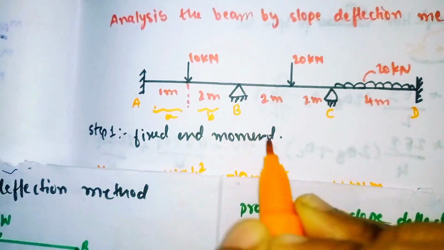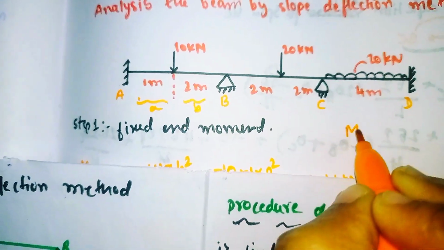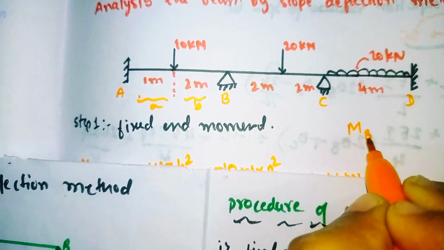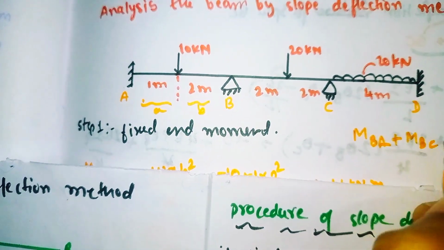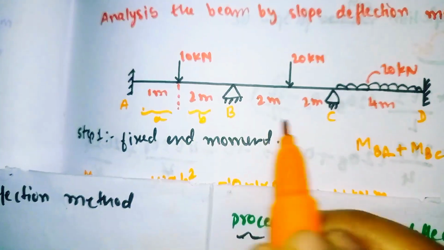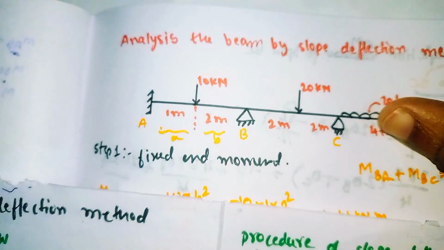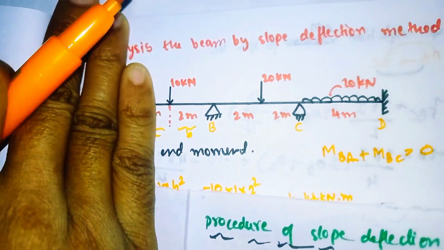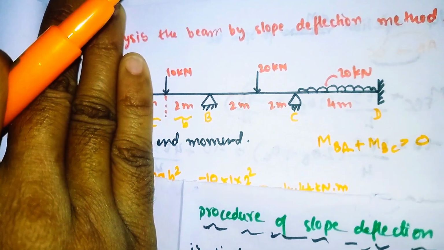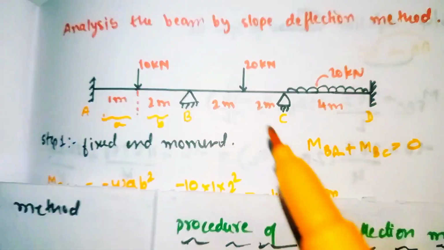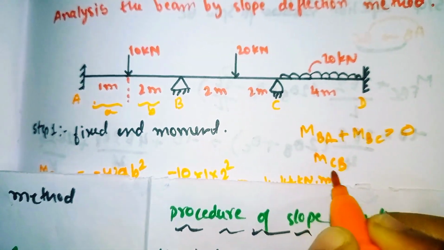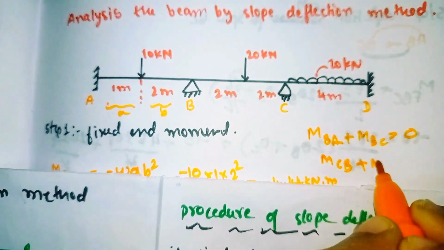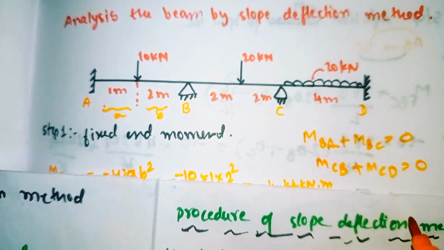So for the first we have the equilibrium equation MBA plus MBC is equal to 0 for these 3 points. The same thing applies for points B, C, D: MCB plus MCD is equal to 0.